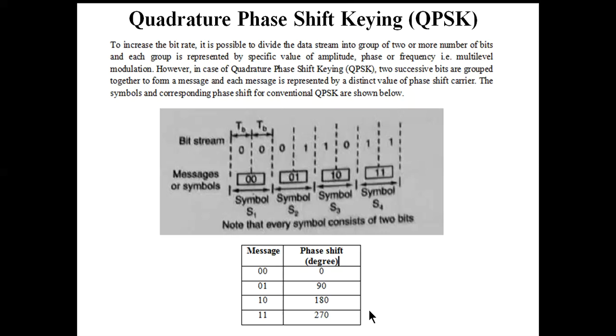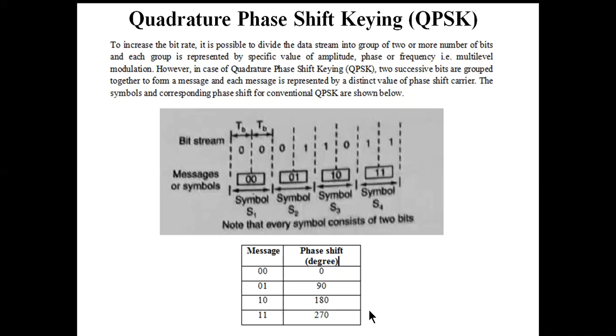The full form of QPSK is quadrature phase shift keying. Quad means four. In case of QPSK, two successive bits are grouped together, and after grouping, they make a message. Each message can be represented by a distinct value of phase shift of the carrier.